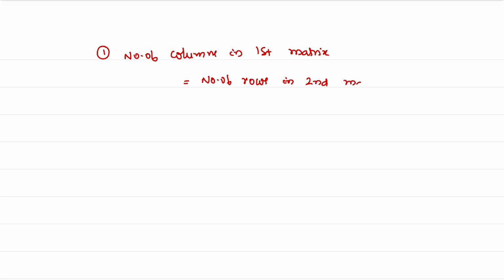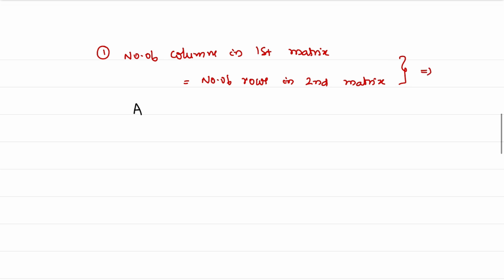That is one of the most important concepts. Number of columns in the first matrix should be equal to number of rows in the second matrix. This is very important.